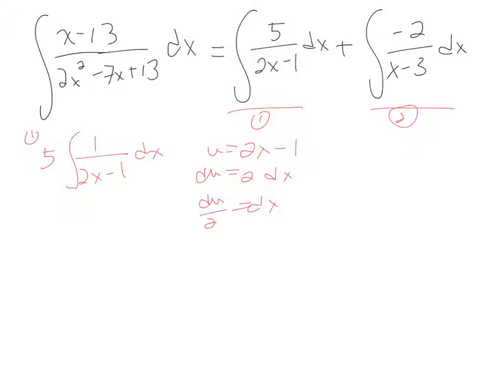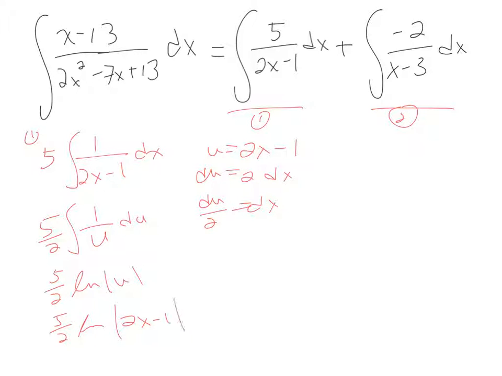And so we have 5 times the integral of 1 over u, and then dx is equal to du over 2, so I'll bring the 1/2 out here, and then du. This gives us 5/2 ln absolute value of u, or 5/2 ln absolute value of 2x minus 1. So that factor is settled.